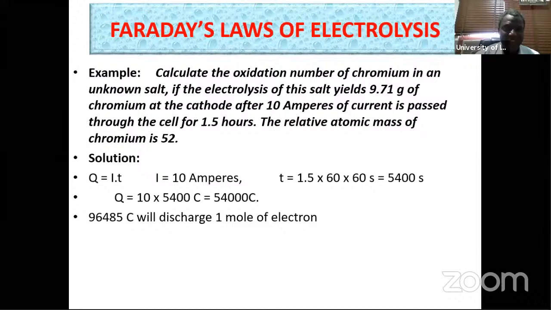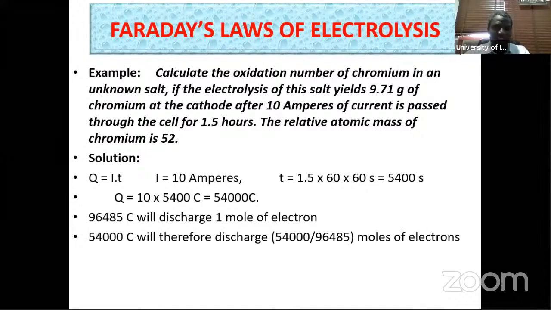So now you have determined your Q, and you know 1 Faraday is going to liberate 1 mole of electrons, and therefore how many electrons will this liberate? That will be 54,000 over 96,485 moles of electrons. So now you discover that this is going to liberate 0.56 moles of electrons.